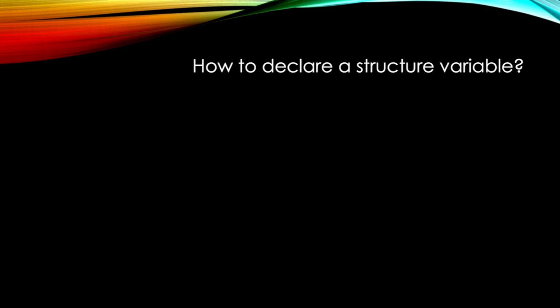And now we are going to see how we can declare a variable for this structure. The syntax is very simple. We should start with the keyword struct followed by the name of the structure, that is student, followed by the variable name. So S1 is a variable of type student, or we can say that the data type of S1 is student. And who has created student? We are only creating.